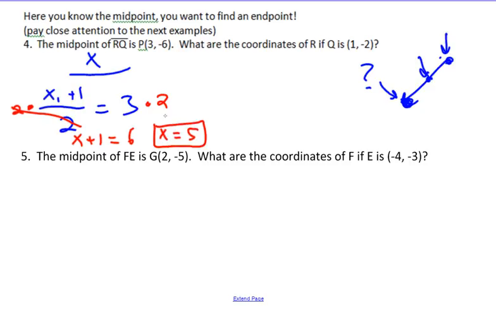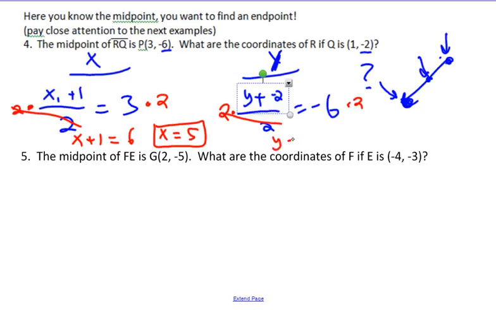Okay? Now, for the y's, we do the same thing, only with the y value. We're still using that average, because we don't know one of the y's, so we're going to do y plus the one we know, negative 2, divided by 2, and that's going to equal negative 6, because that's the y value of our midpoint. So again, solve it the same way. Multiply both sides by 2.